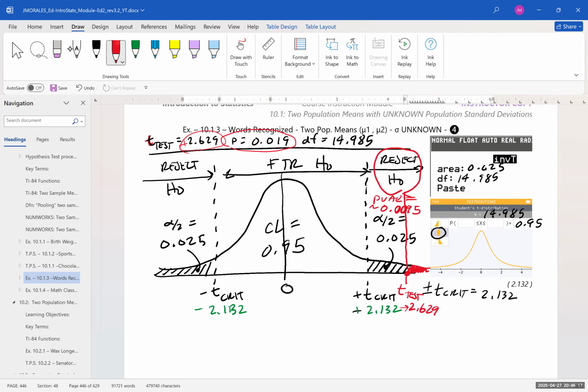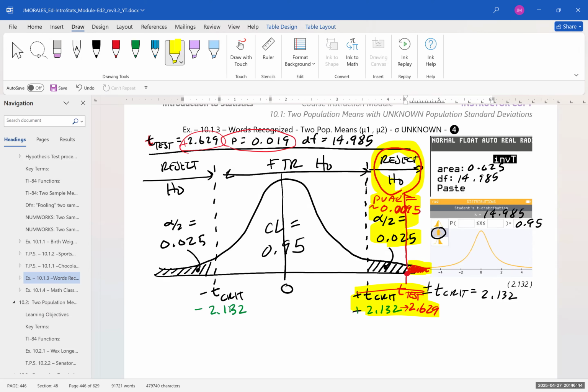All right. And if we compare apples to apples and oranges to oranges, we can see that if the p-value is smaller, reject the null. And this value of 0.0095 is smaller than 0.025.